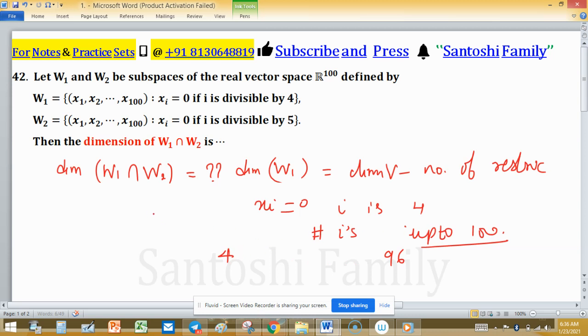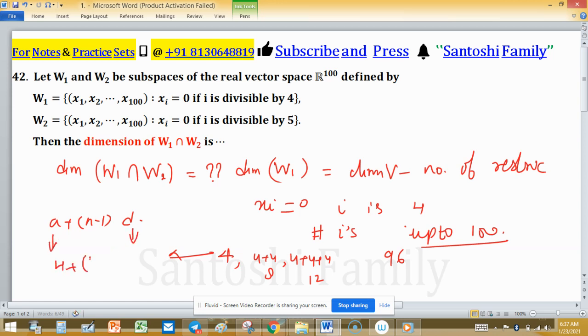So divisible by 4 means the next term will come by 4 plus 4, which is 8. Then 3 times 4, 12. This is an AP, an arithmetic progression. So how many terms are there? A plus (n minus 1) into d. You can find the number of terms by this, because we know the first term and the common difference.